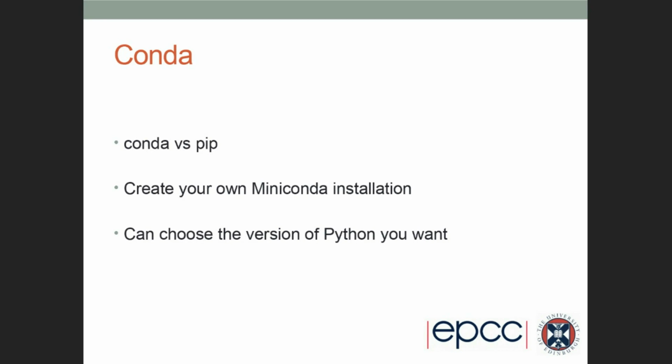This also allows you to choose the version of Python you want. As far as I'm aware, there isn't a convenient way to do this using pip, and you're stuck with the version of Python that you're using. But for Conda, you can download installers for any version of Python that you happen to want to use. So if you need an older version for some sort of compatibility reason, then that might be the way to go for you.